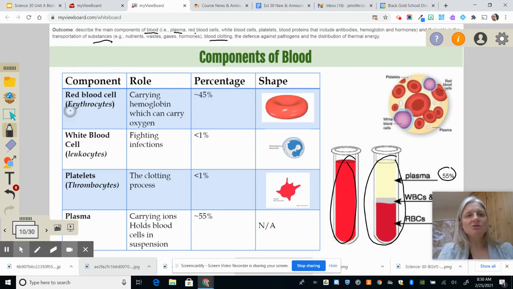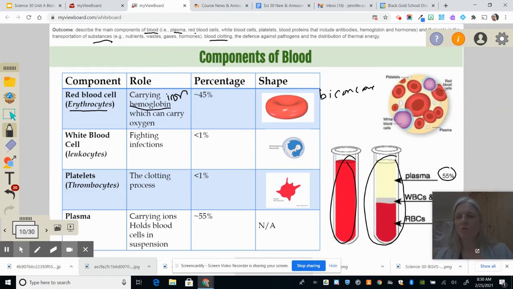Your red blood cells or erythrocytes, they're the ones that have that hemoglobin, which needs iron to form, and this is the compound that carries oxygen. The shape is that biconcave, like a donut without quite the hole in there, but both sides are rounded in. Your white blood cells are leukocytes, and they're specifically for fighting infections. This is not to scale.